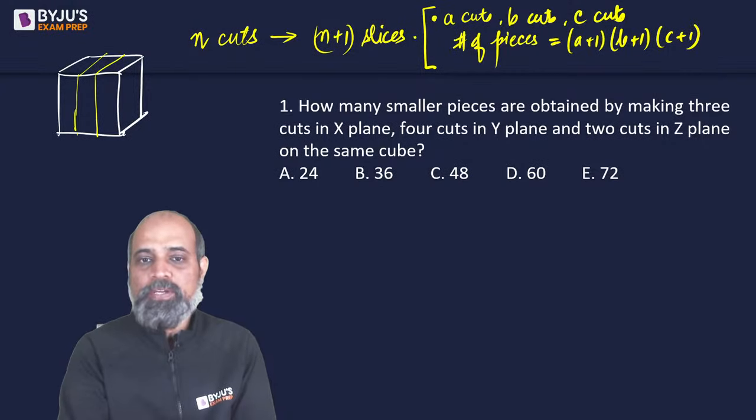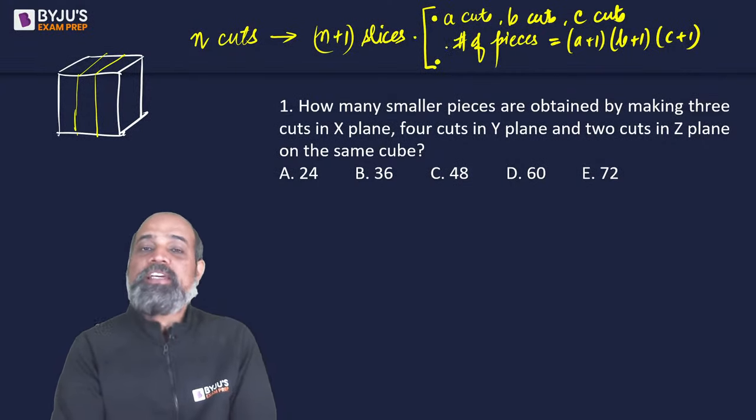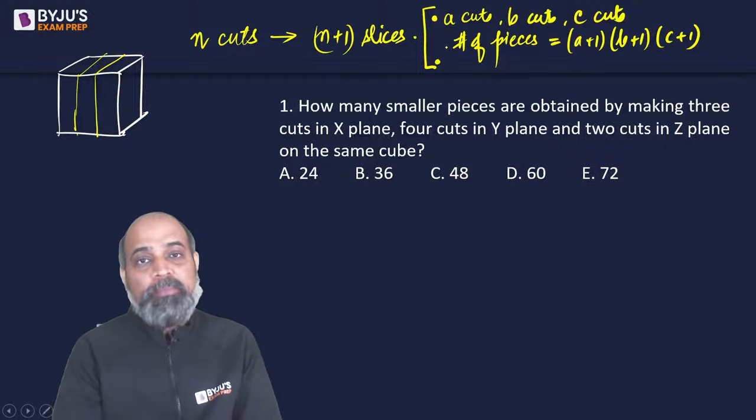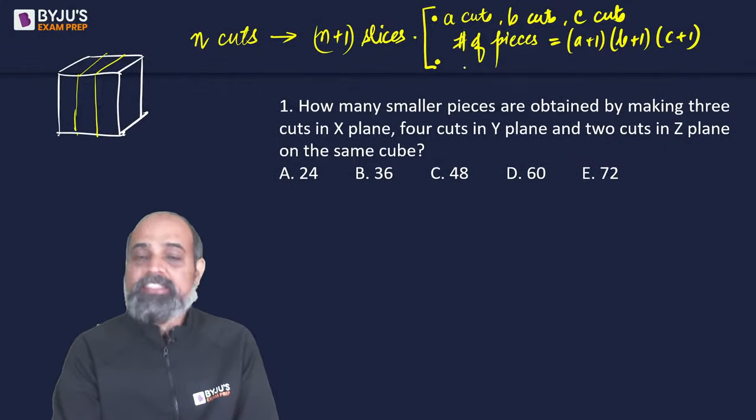So this is the first one. The second one is, if the number of pieces is given and you try to find out the cuts, then you will have to try to minimize it. Okay, so I'll take an example.